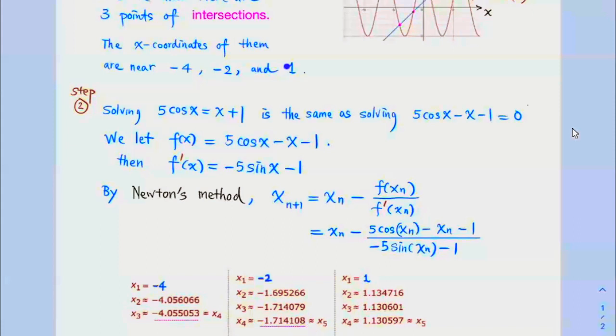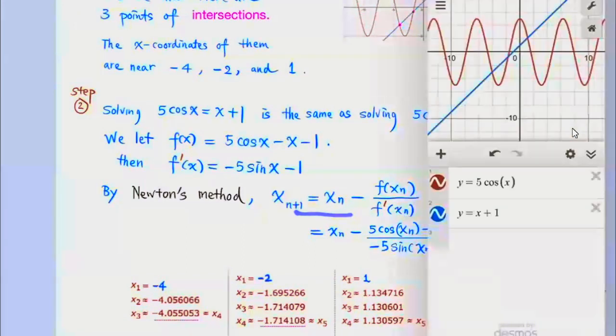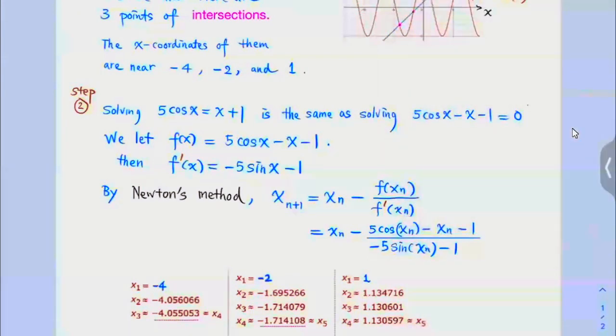And then lastly, for this one, we go through Newton's method again and come up with this. Then x4 and x5 agree at 6 decimal places, so we stop. So the answer here will be this, and this.